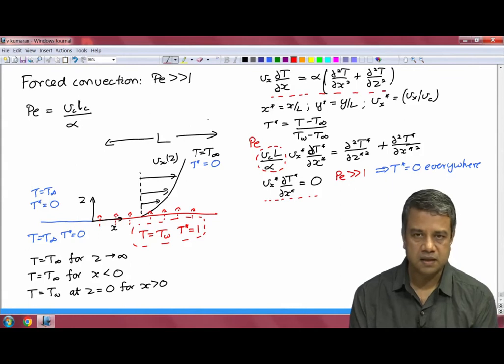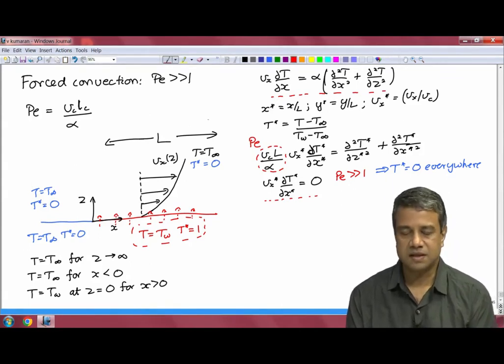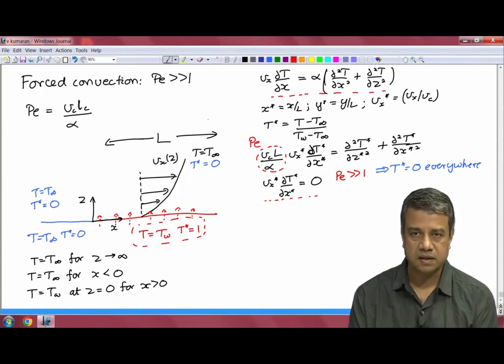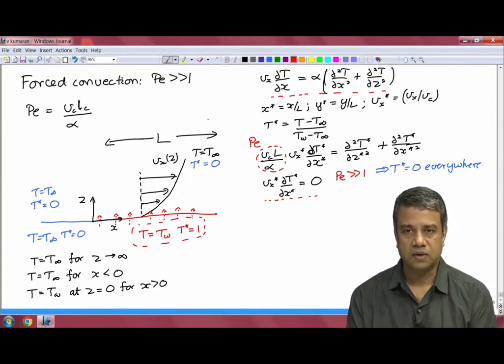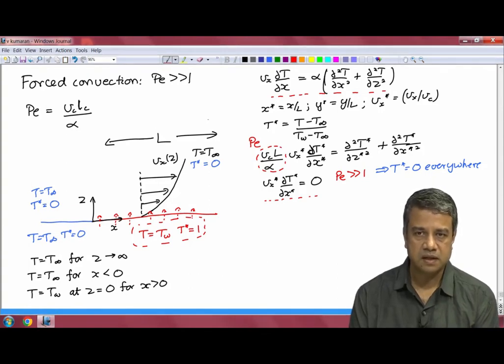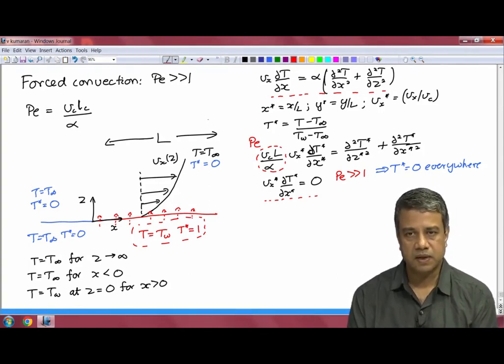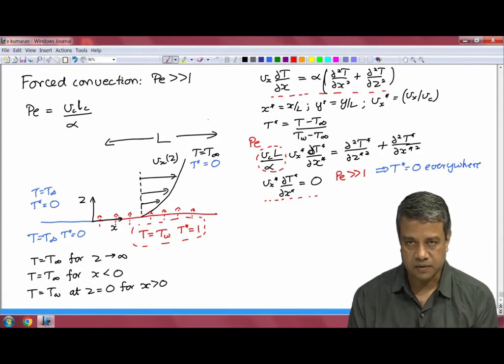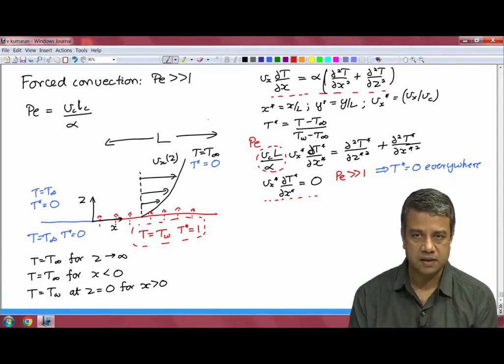The length scale in the cross stream direction is no longer L. The thickness of the region over which there is a temperature disturbance due to the surface is determined from the condition that convection and diffusion continue to be of equal magnitude in the limit as the Peclet number goes to infinity, within this region.